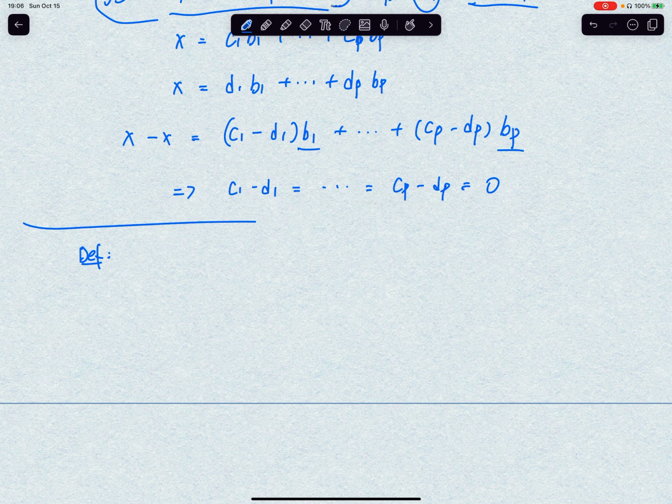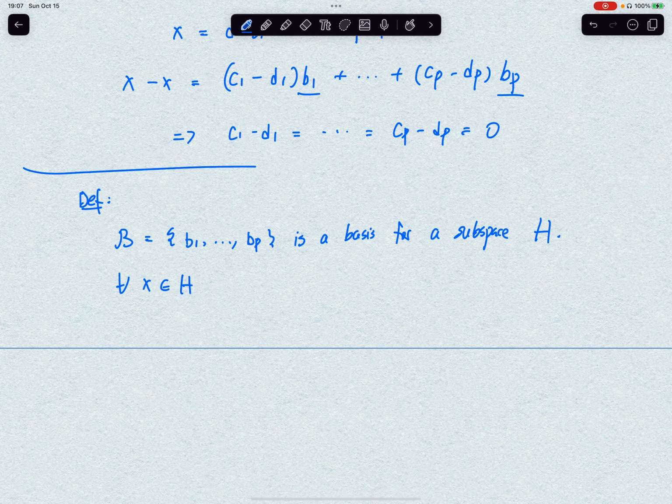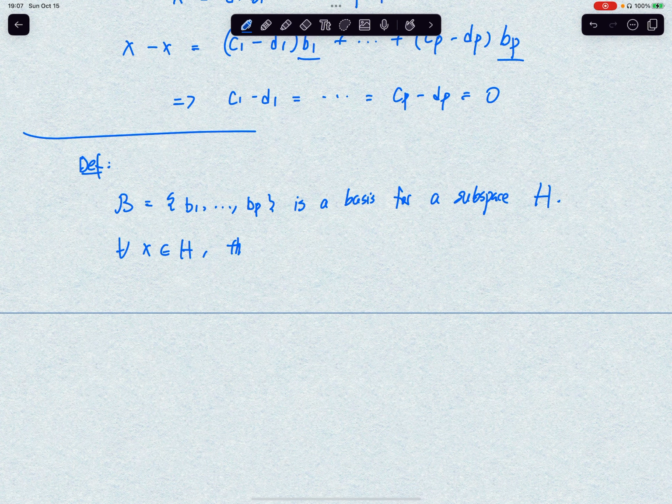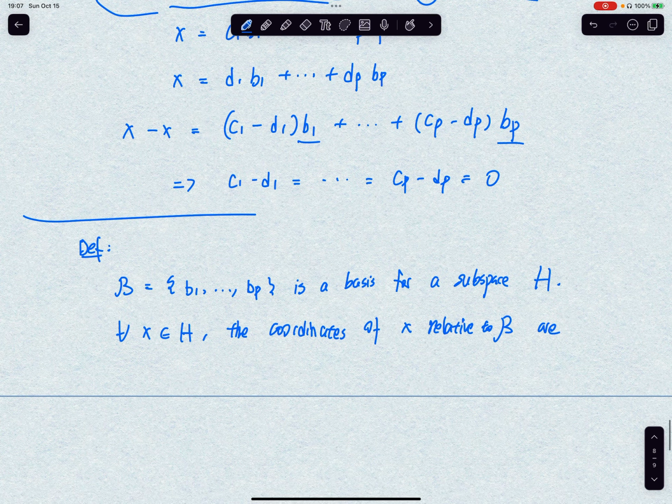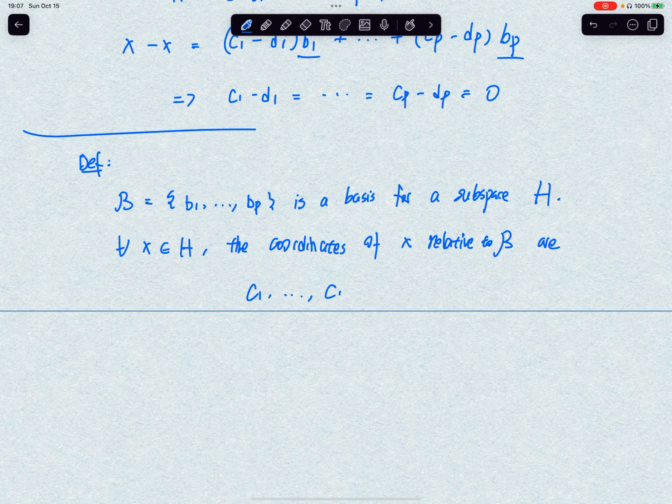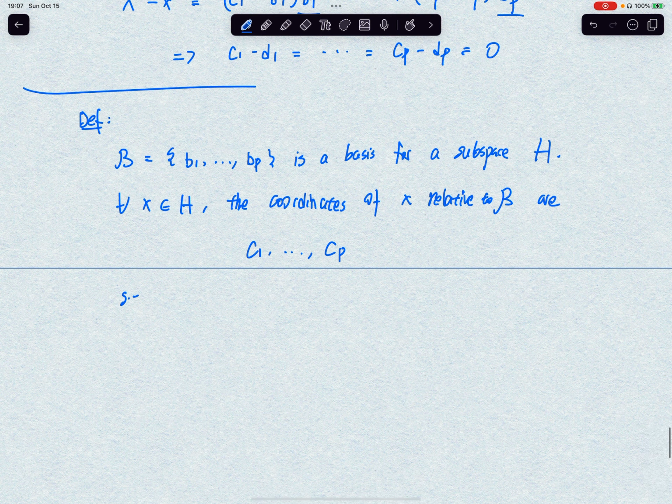Okay, so let us introduce the coordinate vector. Suppose that B equals {b1, ..., bp} is a basis for a subspace H. Then for each x in H, the coordinates of x relative to the basis B are the coefficients of its unique representation, namely c1 up to cp, such that x equals c1 b1 plus all the way down to cp bp.